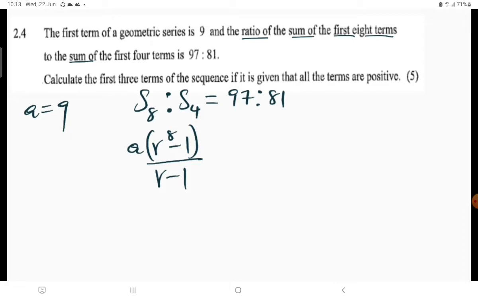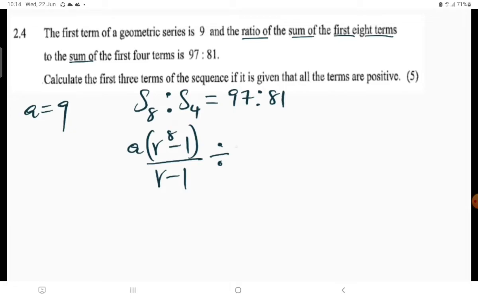Then it's divided by the sum of 4, because the ratio of the sum of 8 to the sum of 4 can be given by the sum of 8 divided by the sum of 4. So that is why we are now using this division sign.